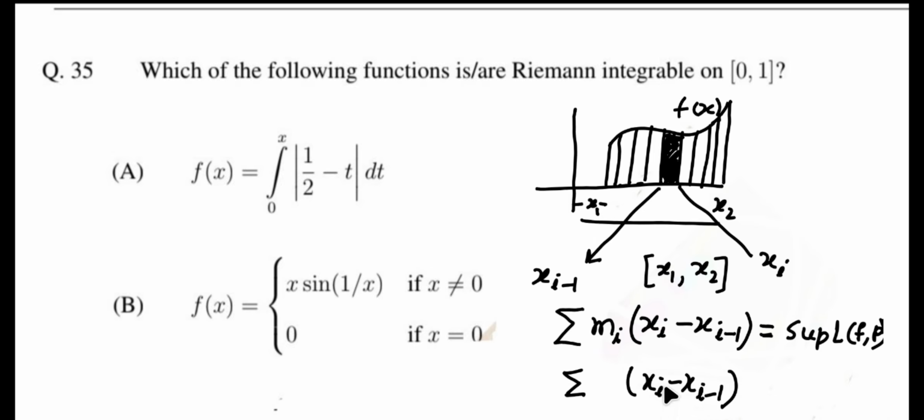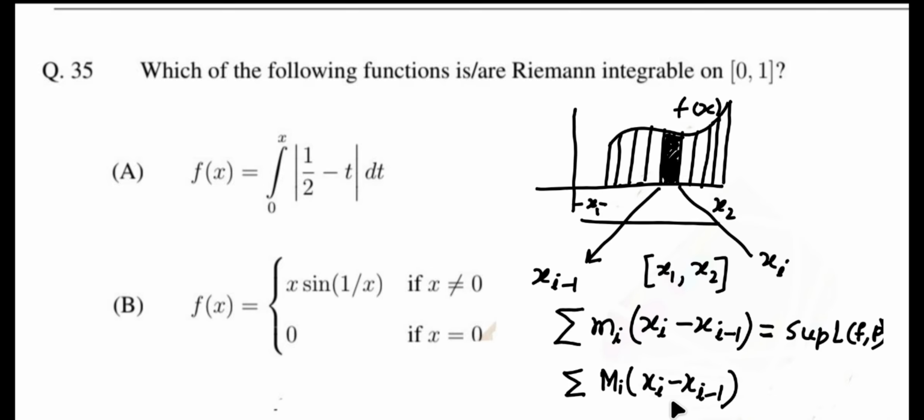In the same way, we consider the same part again, and its length is obviously xi minus xi minus 1. But this time the height varies, and you have to take the greatest height. Suppose it is Mi. So this represents the approximate area of this part, and if you add all these parts, then you have a sum. Again, this sum may be a single value or it may be a range.